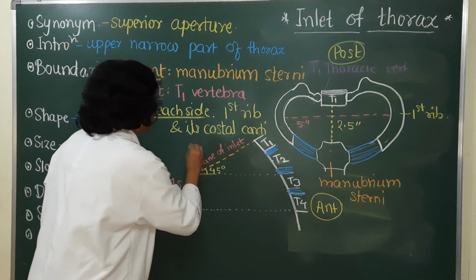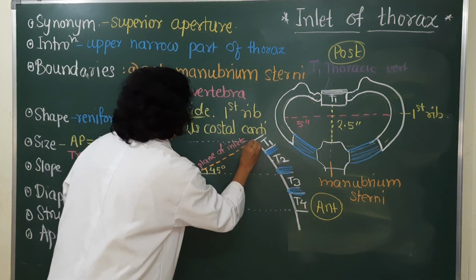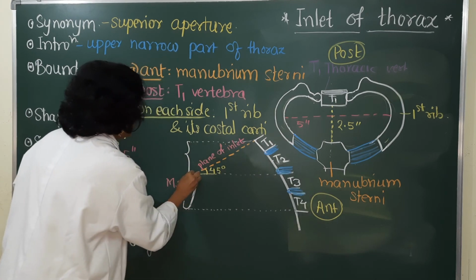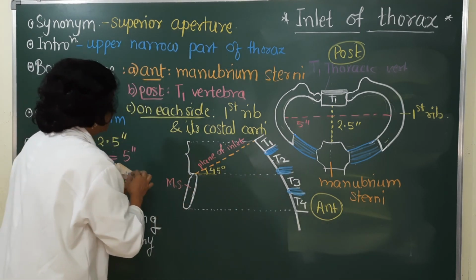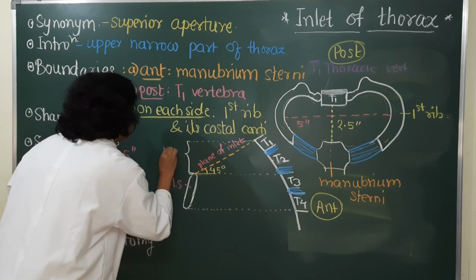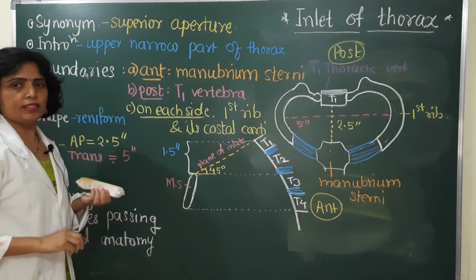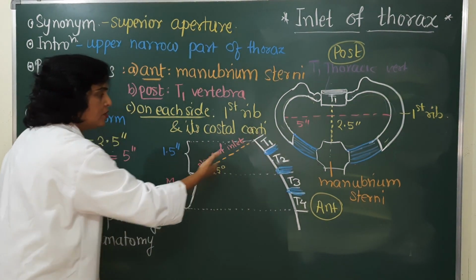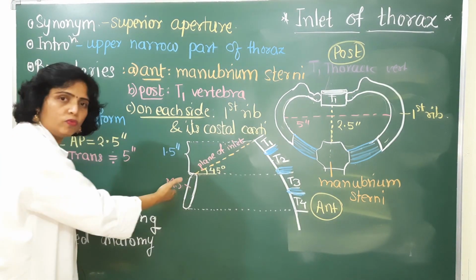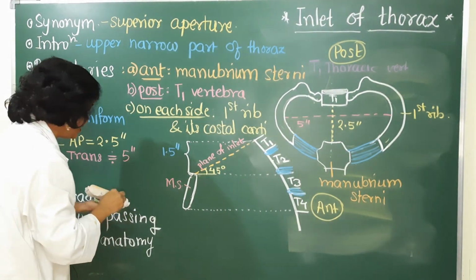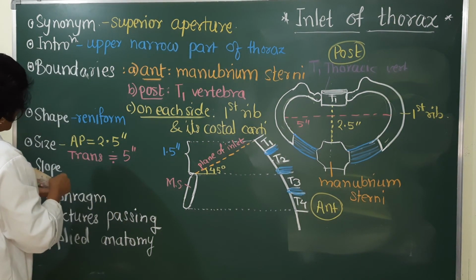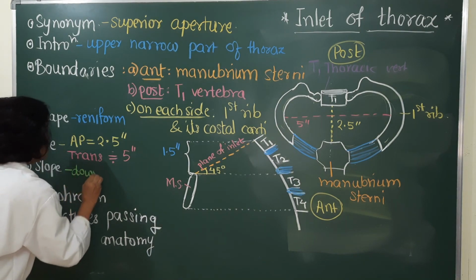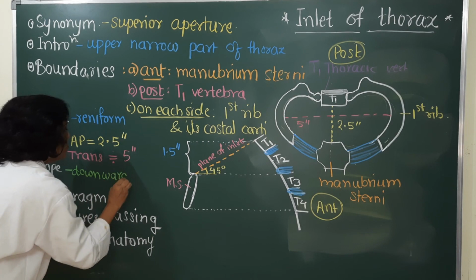If you draw a line and measure the distance between the anterior end and the posterior end, the difference in level is 1.5 inches. That means the slope or plane of inlet is directed downwards and forwards. The same thing we'll be writing here. Slope is directed downwards and forwards.